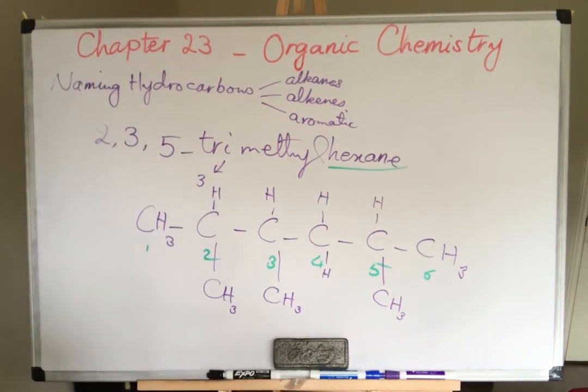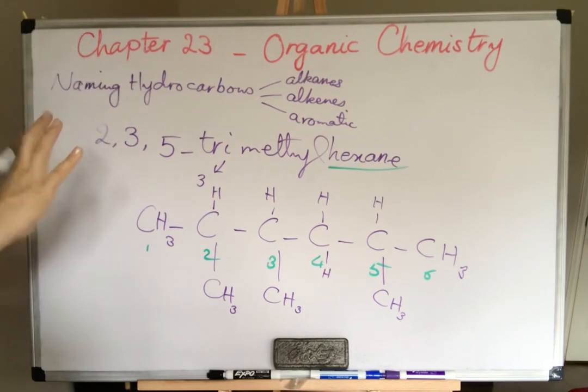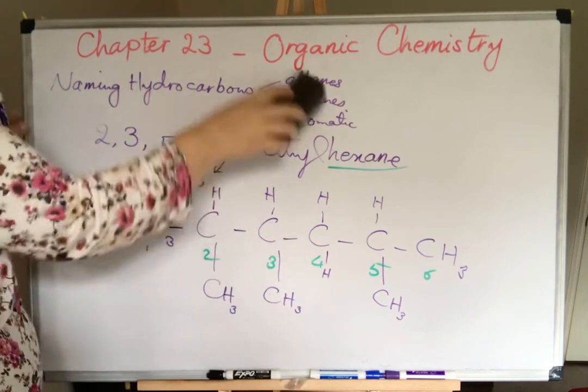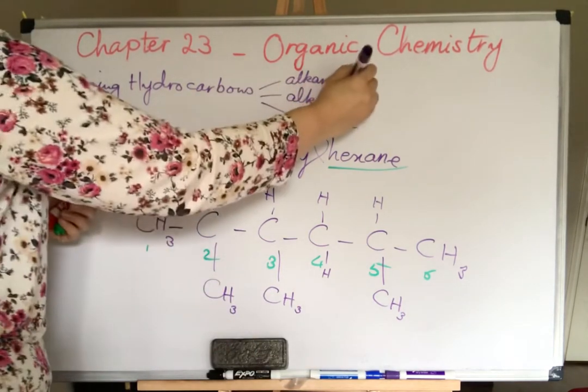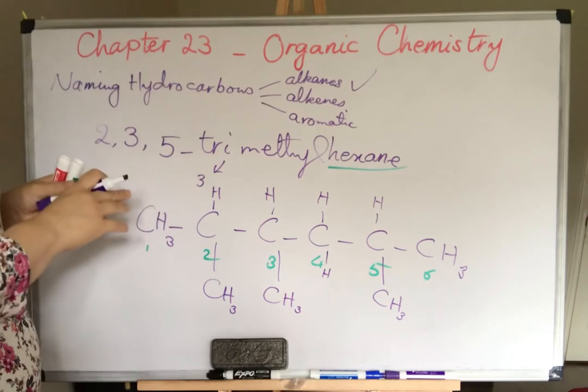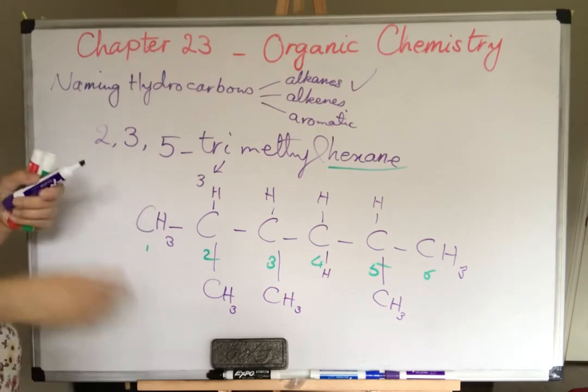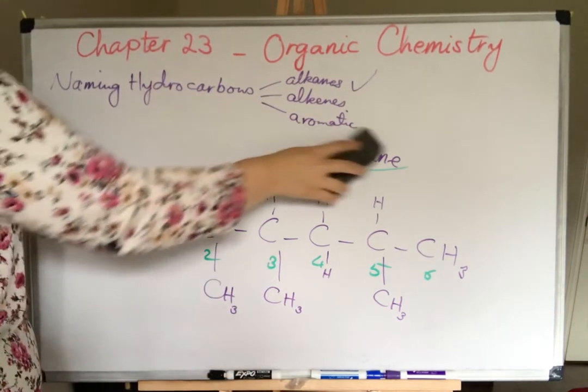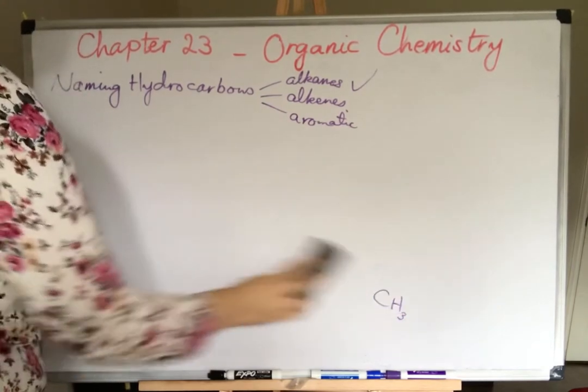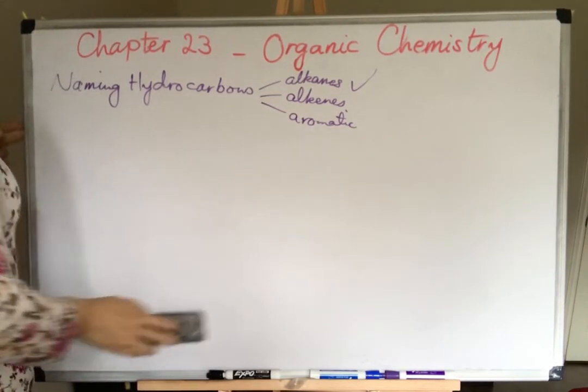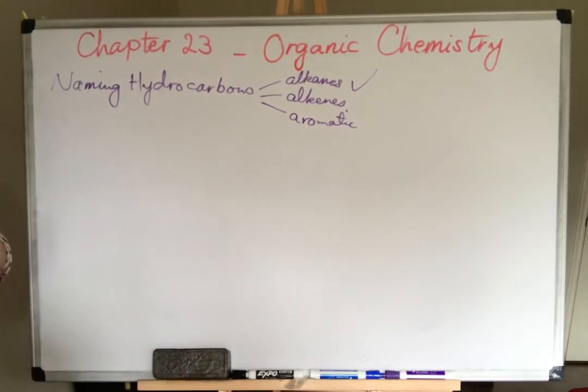That was a good question. For alkenes and alkynes, yeah, I will explain it later. So for alkenes and alkynes, we have a little bit of difference in naming. So we are done so far with alkanes. For alkenes and alkynes, a couple of rules are different.